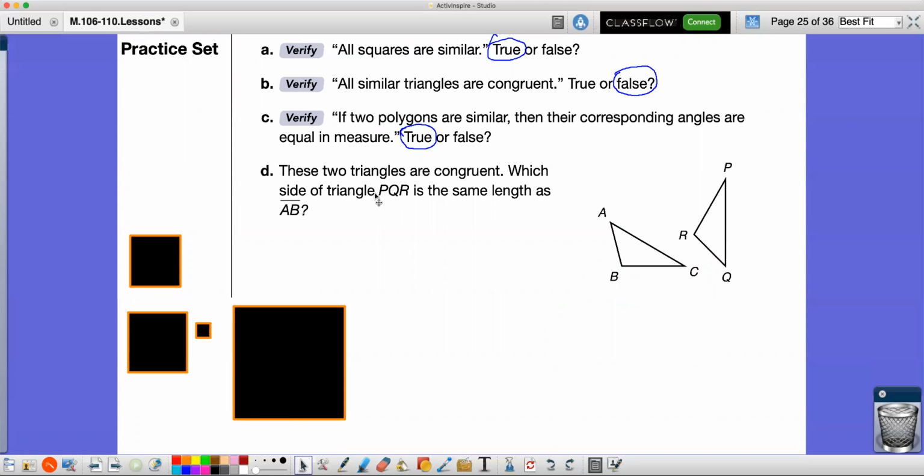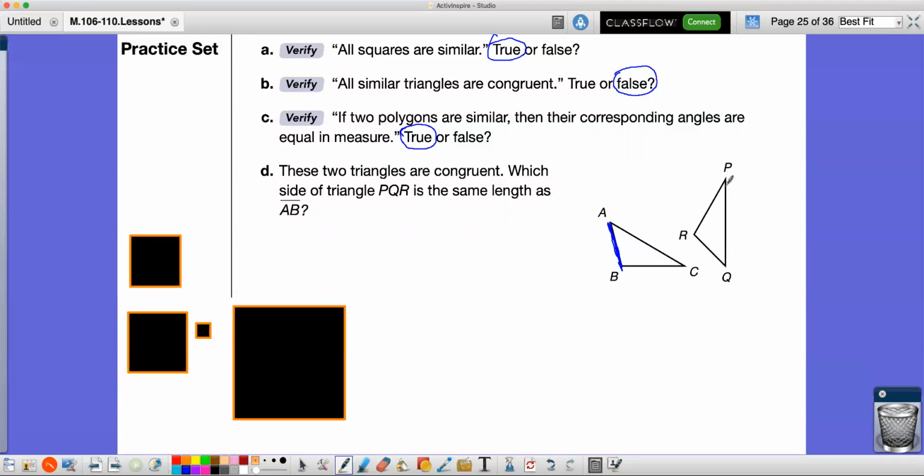Letter D, these two triangles are congruent. Which side of triangle PQR is the same length as side AB? So if we were looking at triangle PQR, that's this triangle here, and we're trying to figure out which one matches up to this side AB. So which one over here is the same?